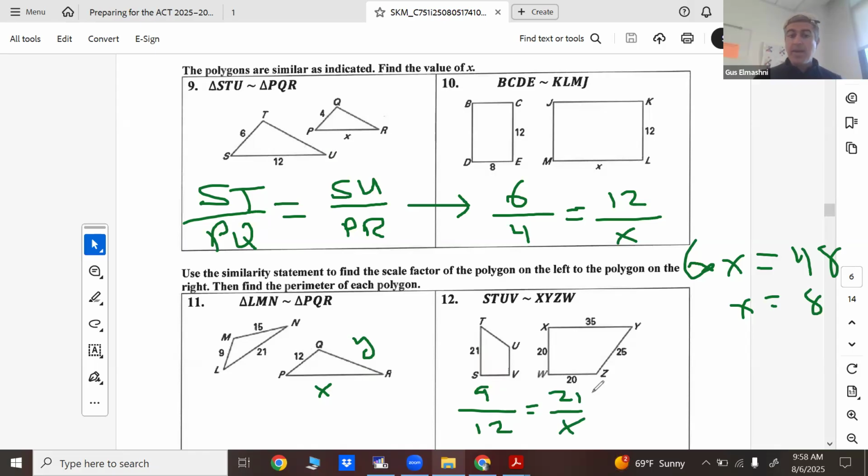Good. You guys are seeing the connections now, right? Because remember, LN and PR correspond. LN is first and third letters, PR first and third letters, right? Oh boy, 9X. I cannot do that in my head. Can I do it in my head? 210, 252, I think. Yeah, 252.